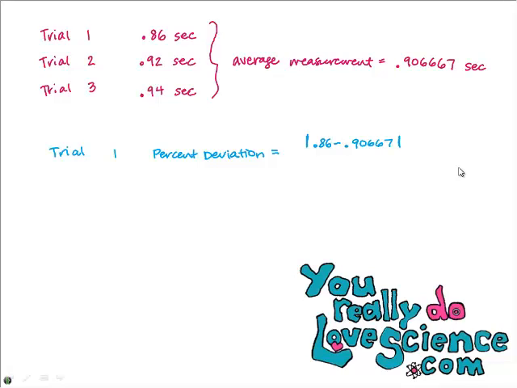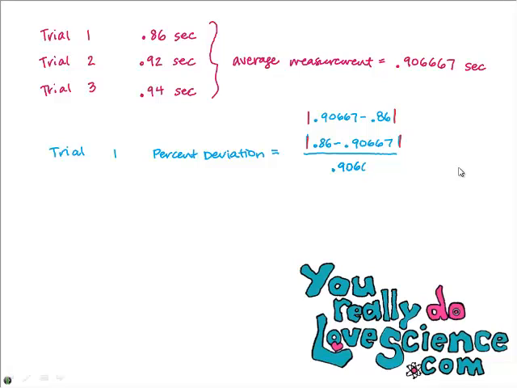It doesn't matter, because when you do absolute value, the difference between those two is the same. I'm going to do this absolute value sign in red so it doesn't look like a 1. So there we have the difference between those two, and we're going to divide by the average, then multiply by 100%.